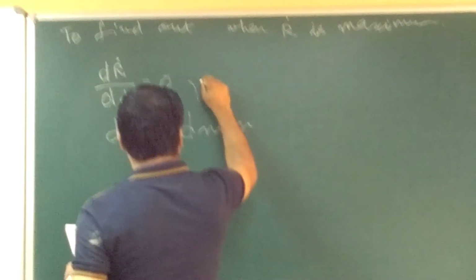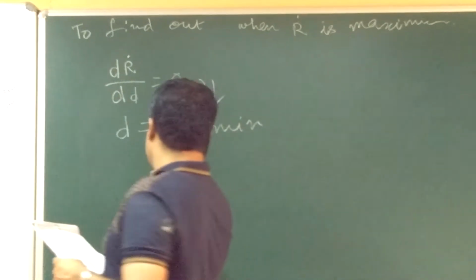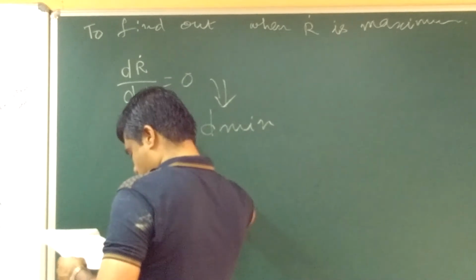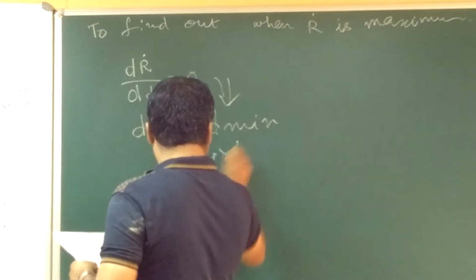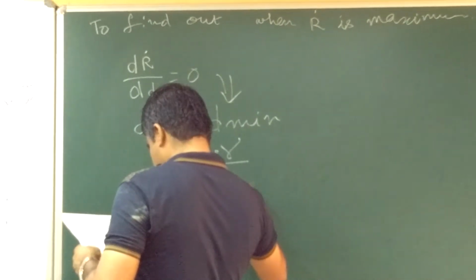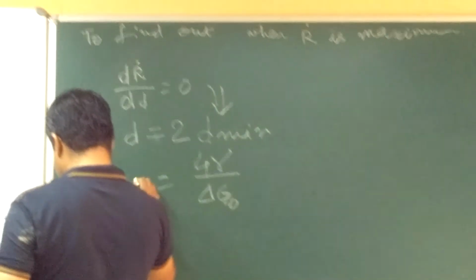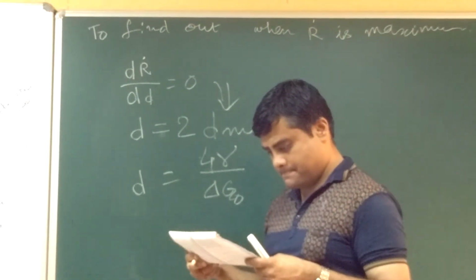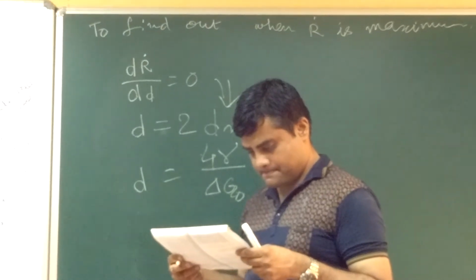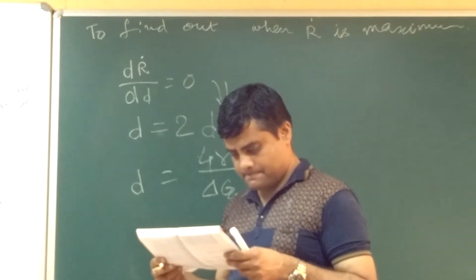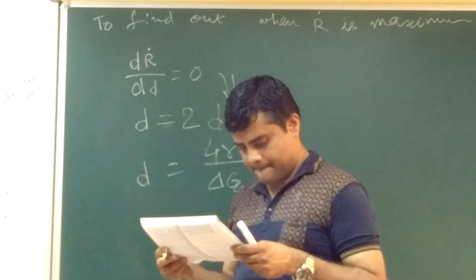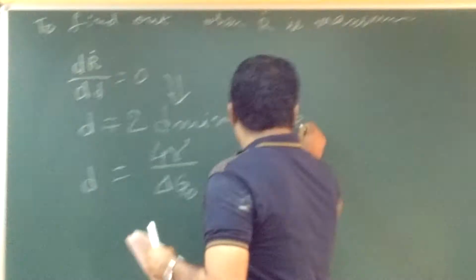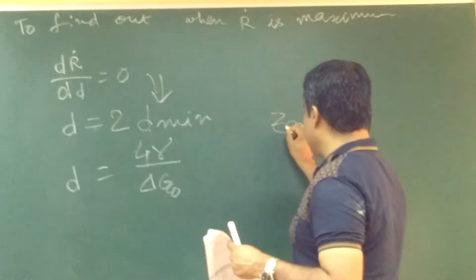So if you do this, you will get d equal to 2d min. And what is d min? 2 gamma over delta G naught, so d is 4 gamma over delta G naught.